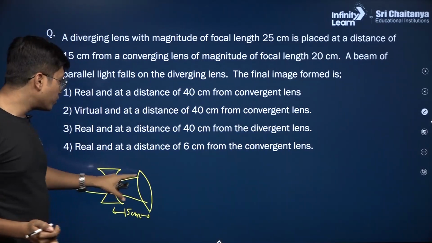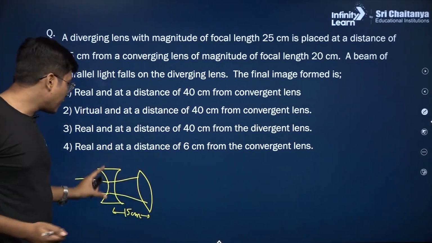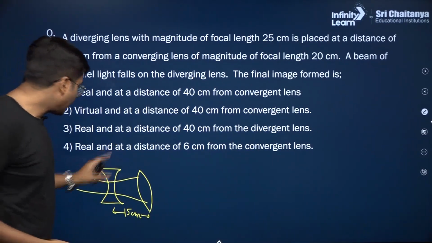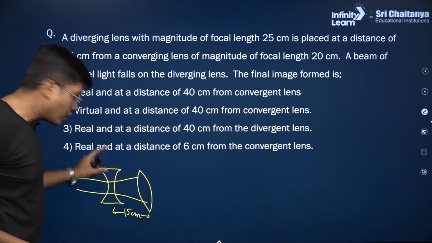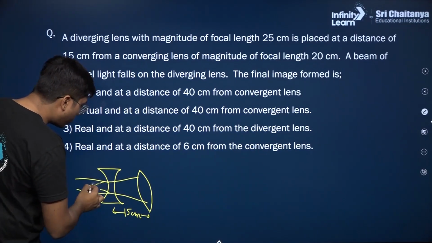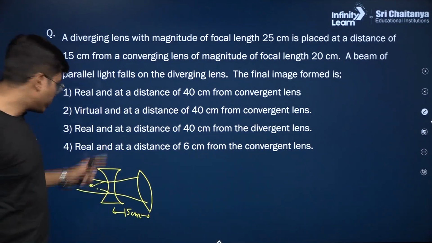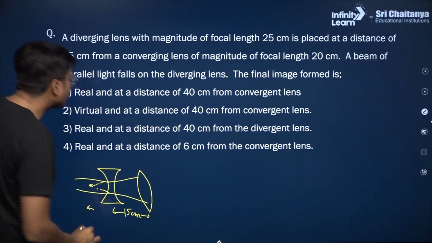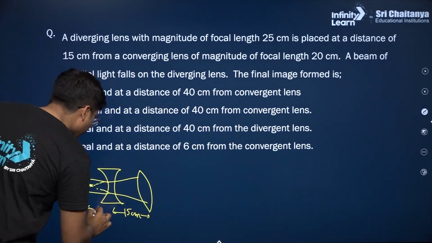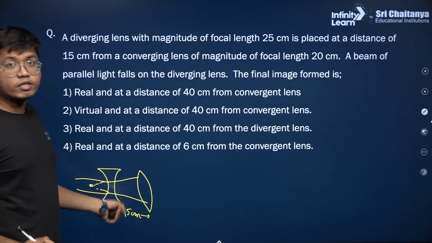What we are concerned with is that the object for the converging lens is the image for the diverging lens. And if parallel rays are coming in, we know the image is formed at the focal point of this diverging lens, which means this length is 25 centimeter, where the image from the diverging lens forms.